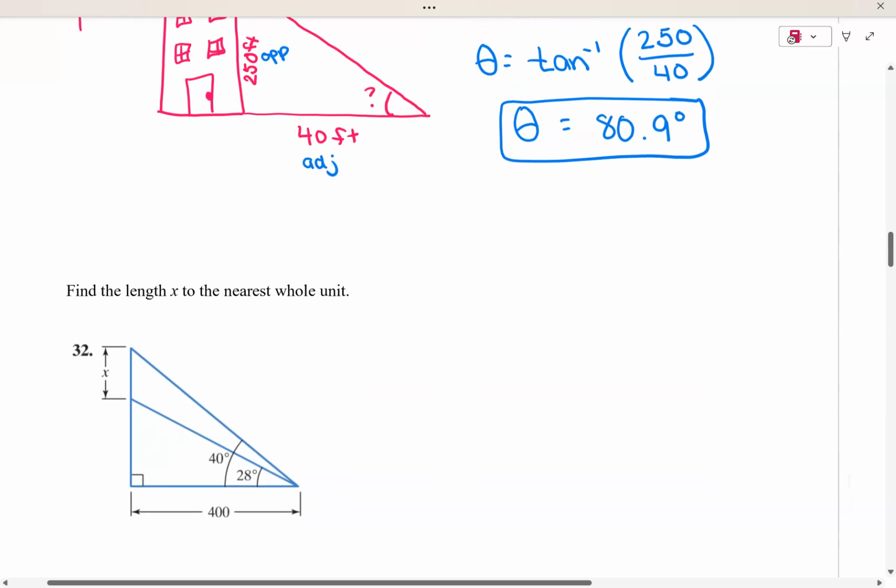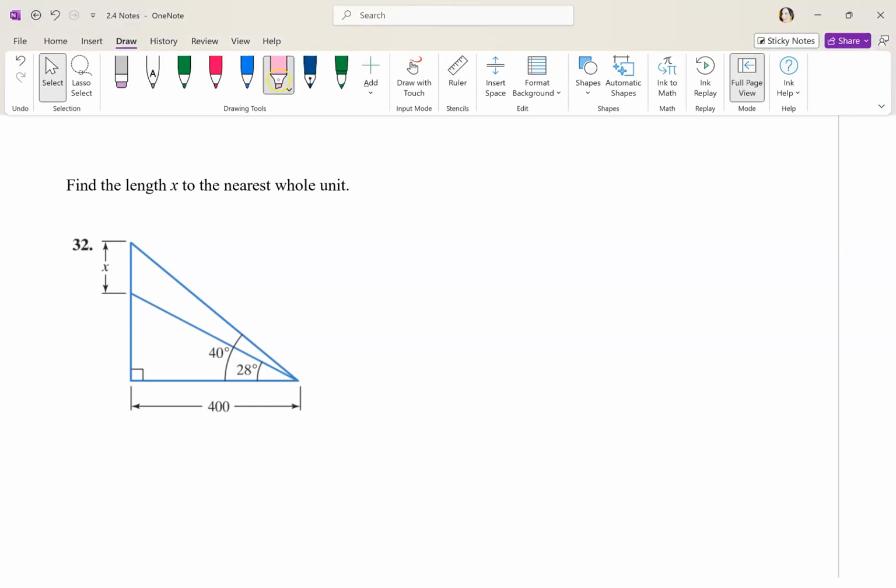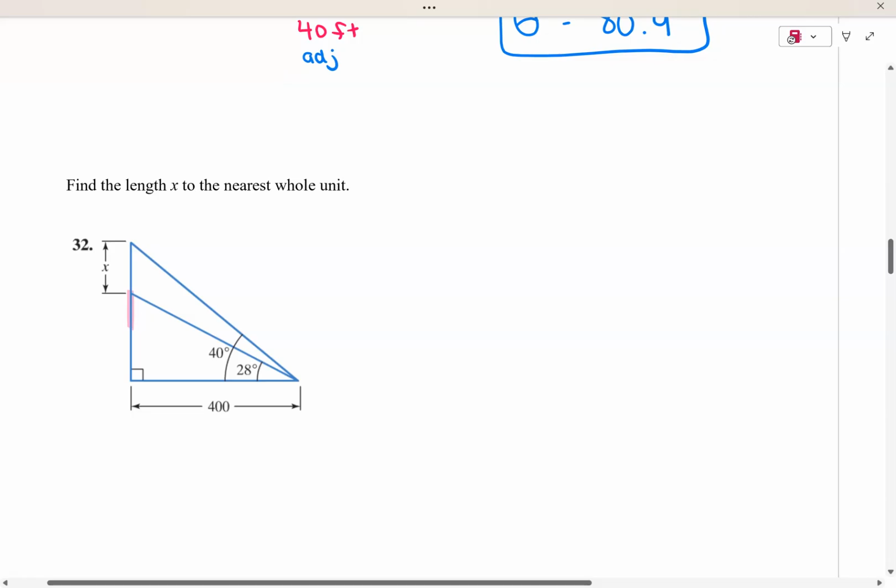Okay. So now we're just looking at some triangles. It says find the length x to the nearest whole unit. Okay, so x is up there that we're looking for. Do you notice that we have two different triangles here? Let me just do it in pen because that highlighter is really thick.